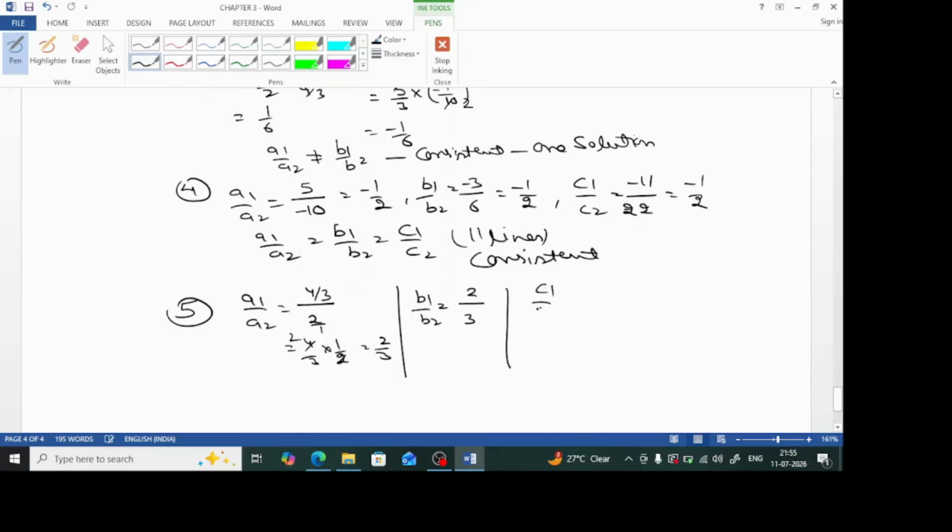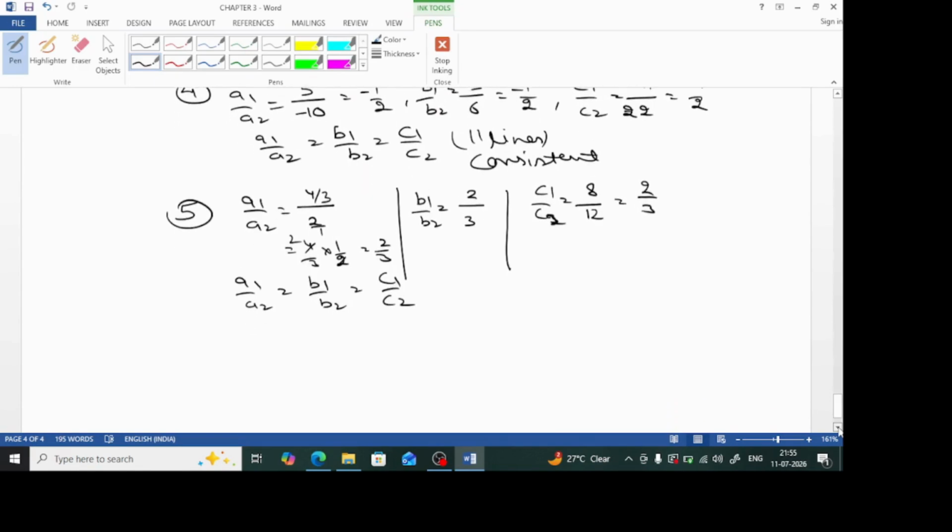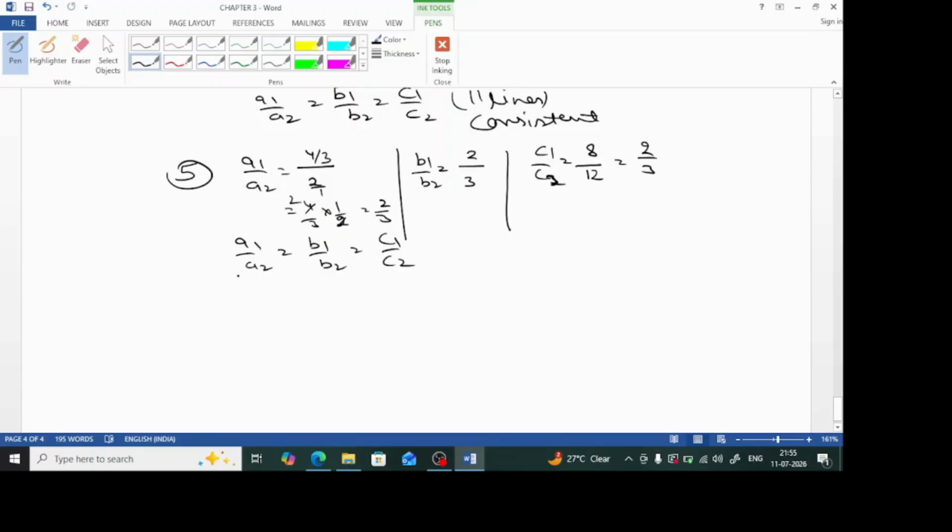And c1 upon c2 is equal to, c1 is 8 and this is 12. It will become 2 by 3. Again here a1 upon a2 is equal to b1 upon b2 is equal to c1 upon c2. It means the system is consistent and has parallel lines.